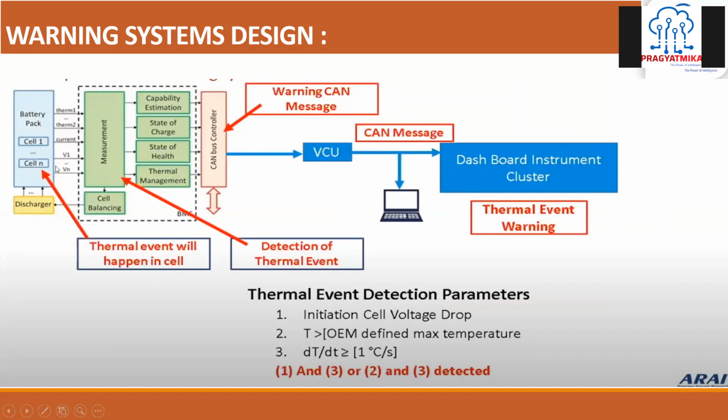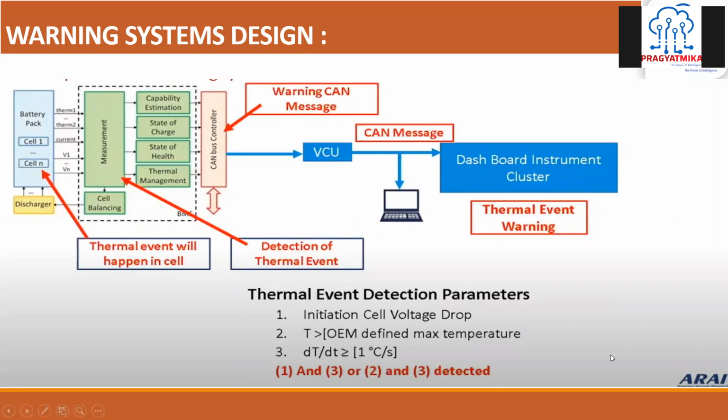Whenever this thermal event is happening, that thermal event warning time, the 5-minute period that you are getting, should be communicated to your vehicle communication unit by any means of communication, whether it is CAN or any proprietary protocol you are using. Through that protocol, the BMS or battery monitoring system should communicate to your vehicle communication system, and it should be depicted on the dashboard instrument cluster that a fire is going to happen.